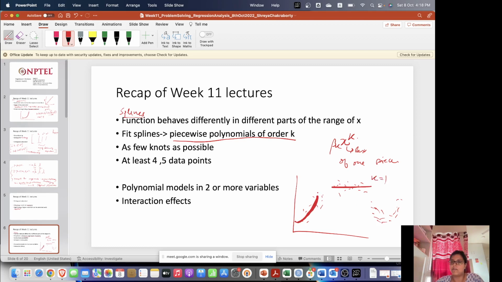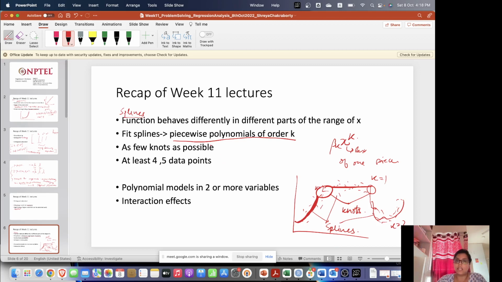Here k would be 1, here k could be 2, here k could be 3. So these 3 are splines, and the joining points are nothing but knots.